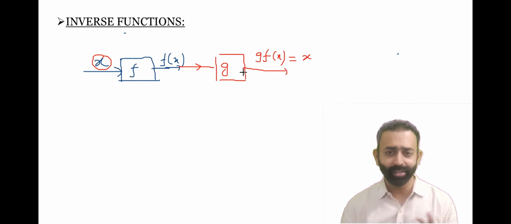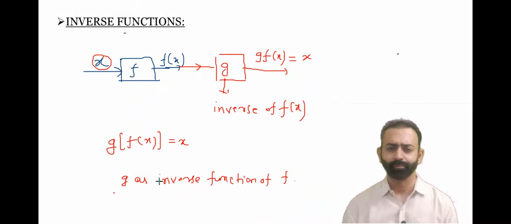Mathematically, since g was the final output, the second function, and to this we give an input f(x), and if this gives you x, we call g the inverse function of f, right?